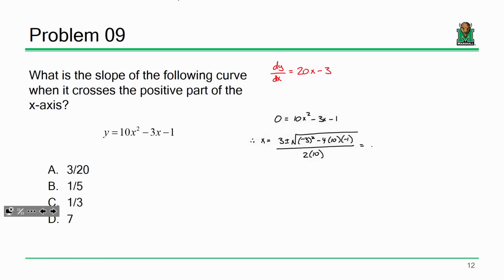Okay. All right. So 3 plus or minus the square root of 9 plus 40 over 20, right? So equals 3 plus or minus 7 over 20. So I get x equals 10 over 20 or minus 4 over 20, or x equals 1/2, comma, minus 1/5. Which one do I use?